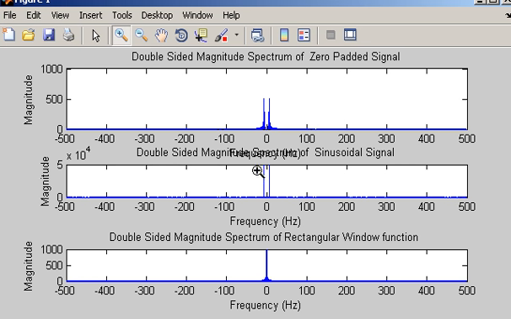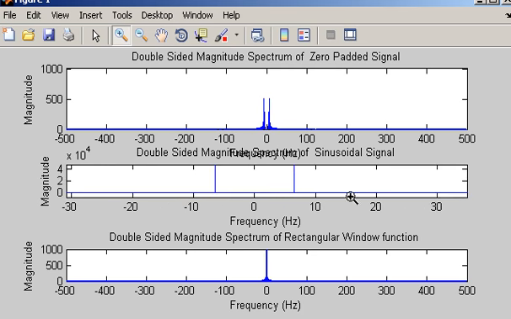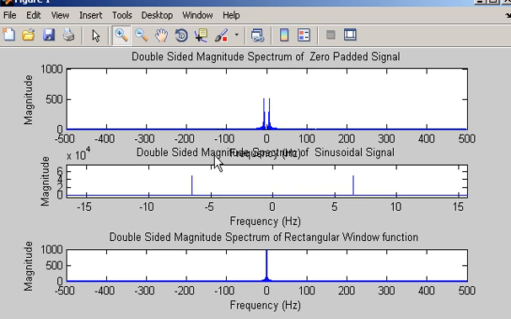So let me just zoom in here first of all, just to show the spikes clearly. There you go, you can see there's my 2 spikes associated with each of the complex exponentials, and the 2 spikes are located at 6.5 Hertz and minus 6.5 Hertz.